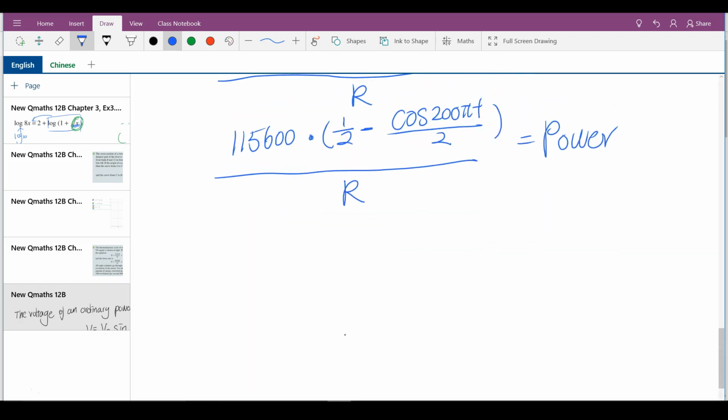Now we can further distribute this 115,600 into both of them, because it's a multiplication. So 115,600 divided by 2 gives you 57800 minus 57800 cos 200 pi t.